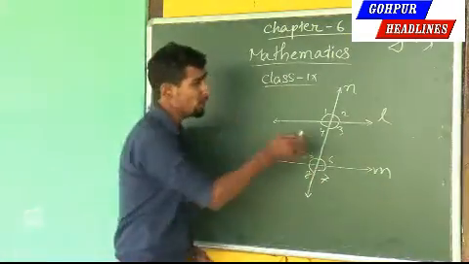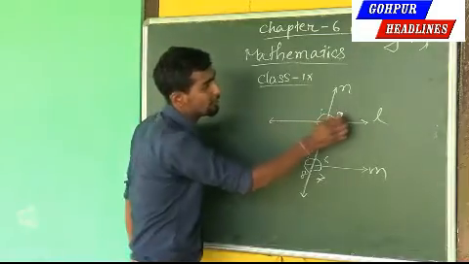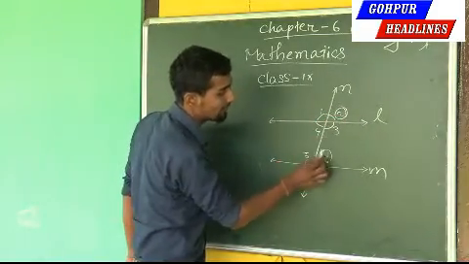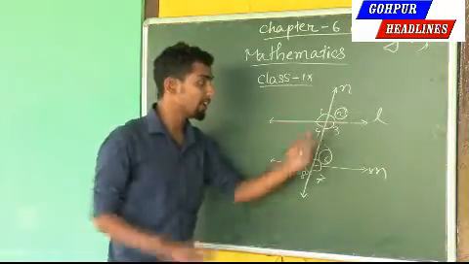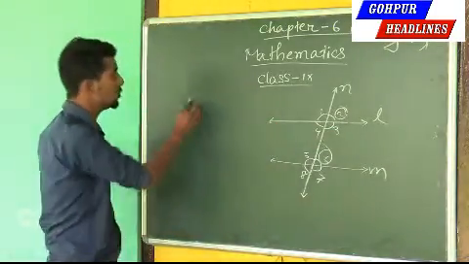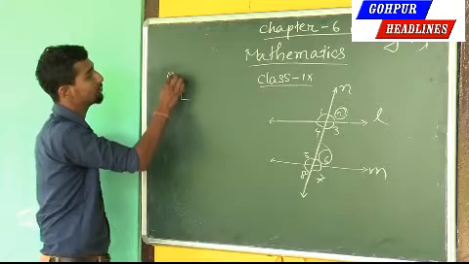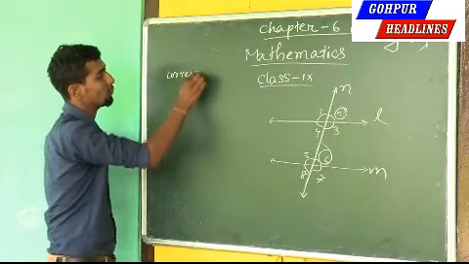Here we get 2 and 6. These 2 and 6 are a pair of corresponding angles.